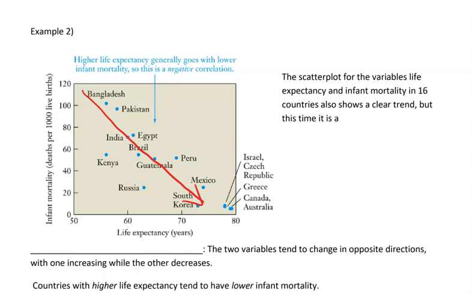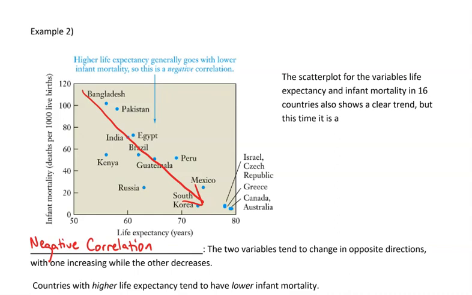So this time, we call that a negative correlation, because the variables are going in opposite directions. As life expectancy goes up, infant mortality goes down, which makes sense because countries with higher life expectancy tend to have lower infant mortality.